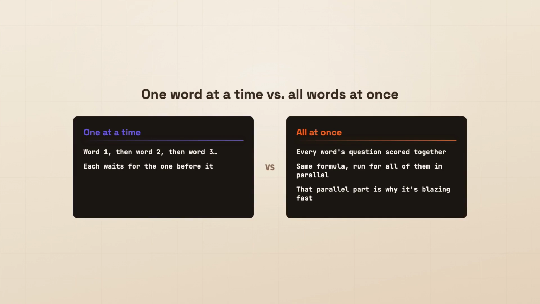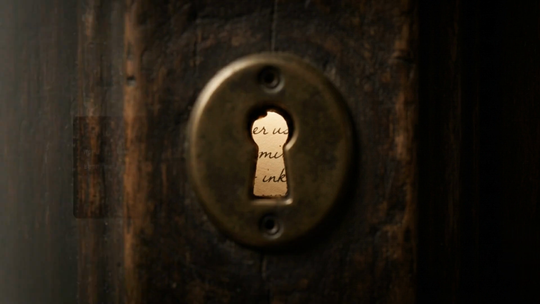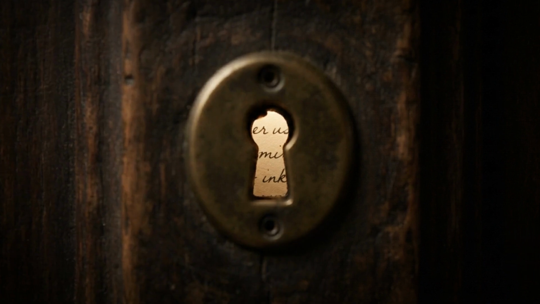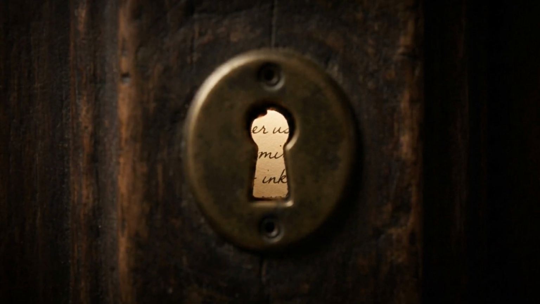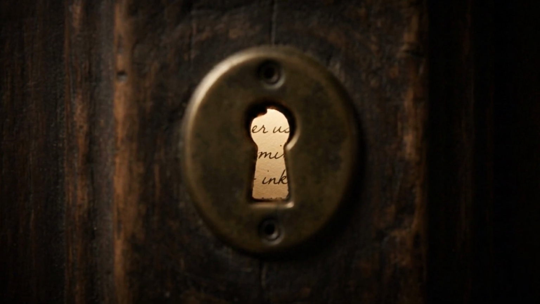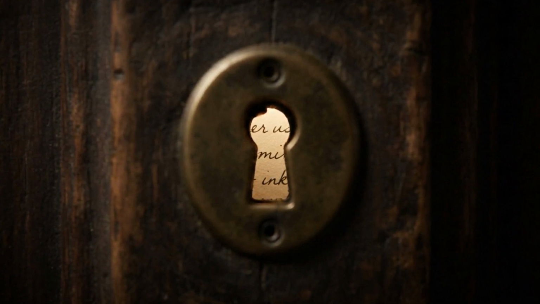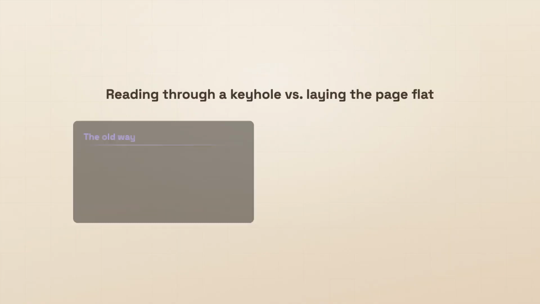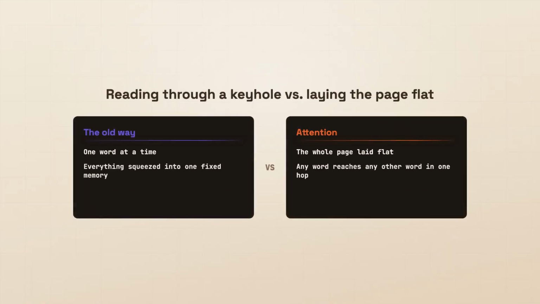Now step back and see what we just bought. The old AI read one word at a time and squeezed everything into a single fixed memory. So by the end of a long sentence, the beginning had blurred away, like reading a whole page through a keyhole. Attention rips the keyhole open. It lays the entire page flat and draws the arrows directly.